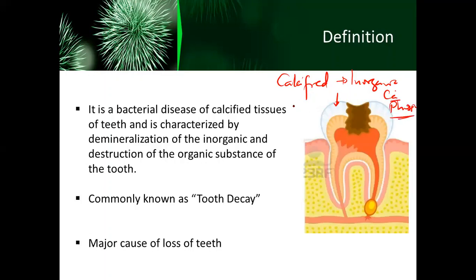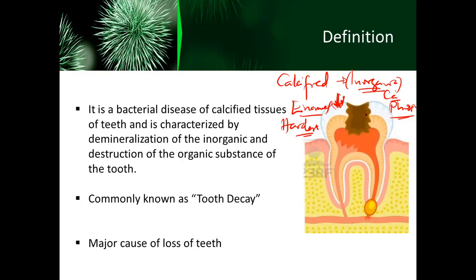And by the way, the enamel is the hardest tissue, the hardest part of the body. It's harder, in terms of how thick and how strong it is, than even most bones. So that is the enamel for you. And what makes it very strong is the inorganic component, the calcium and the phosphate.